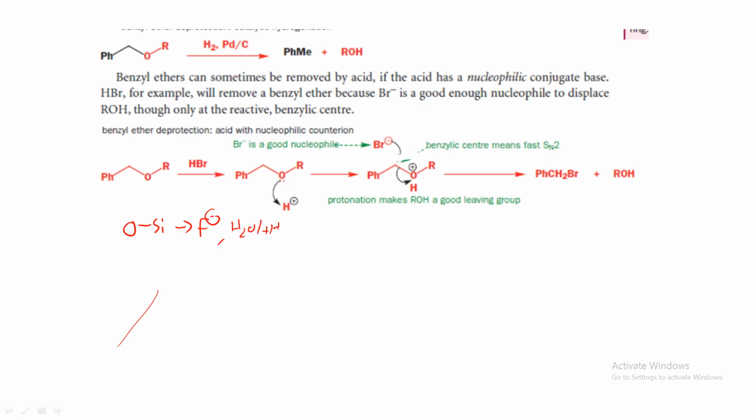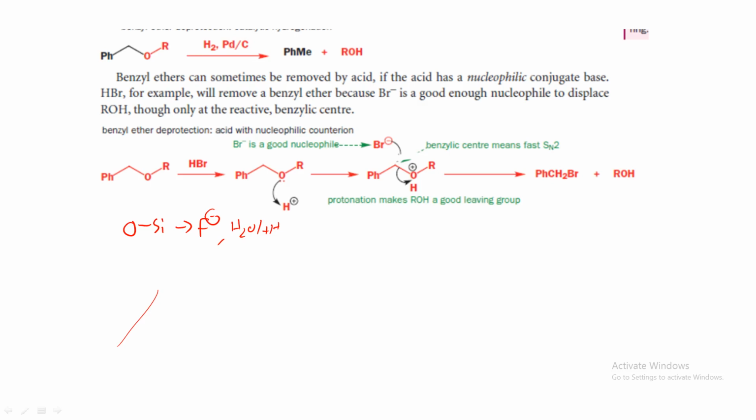Let's say we need a very strong protecting group, because we are using strong reagents and we don't want deprotection to happen in between. Then we need a strong protecting group, so we use benzyl or PMB, meaning para-methoxybenzyl protection. These are famous.